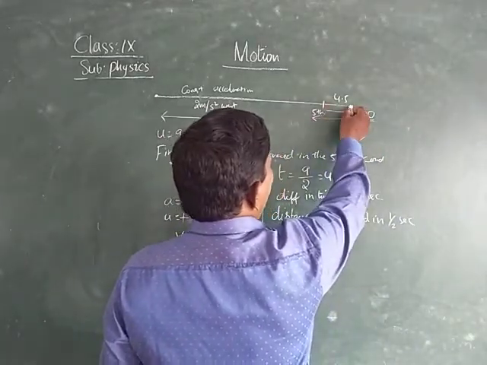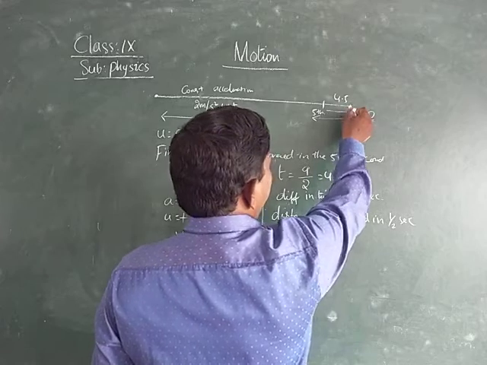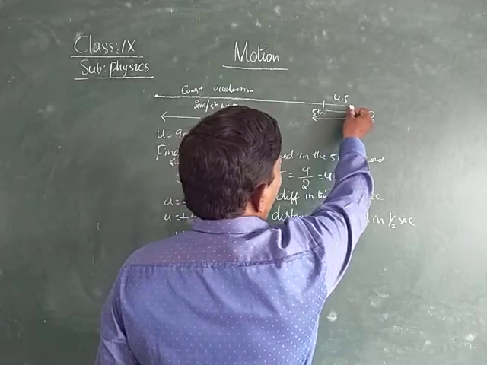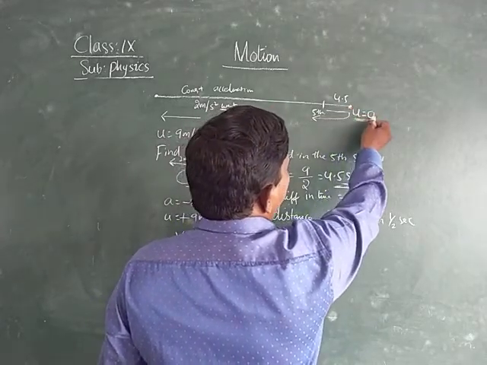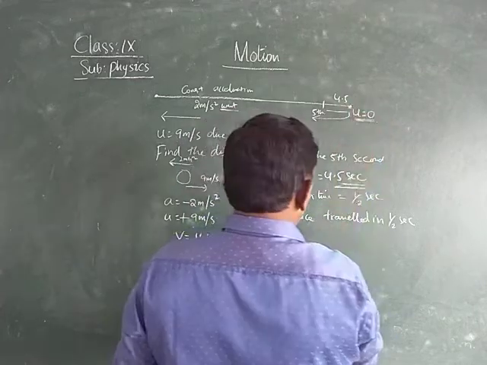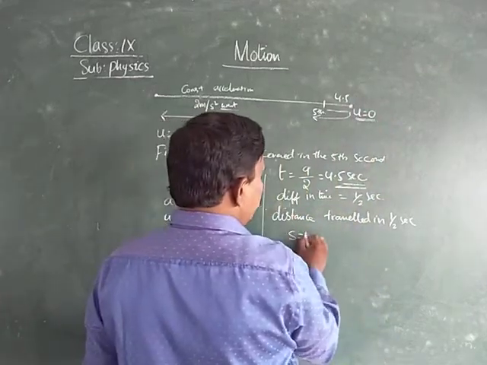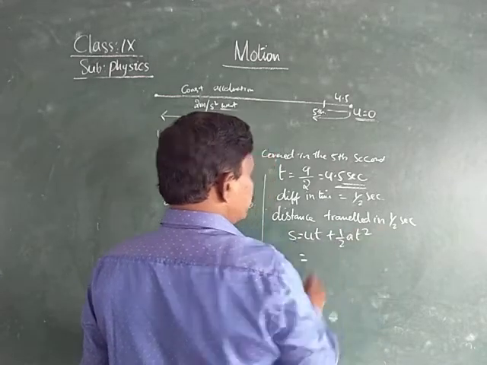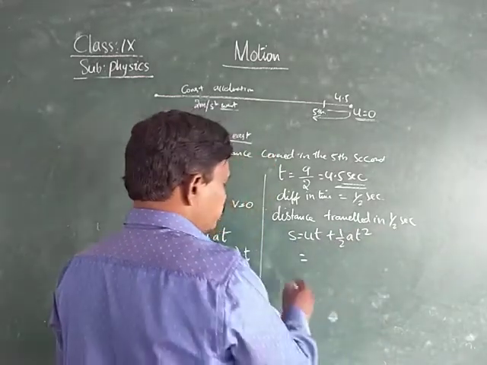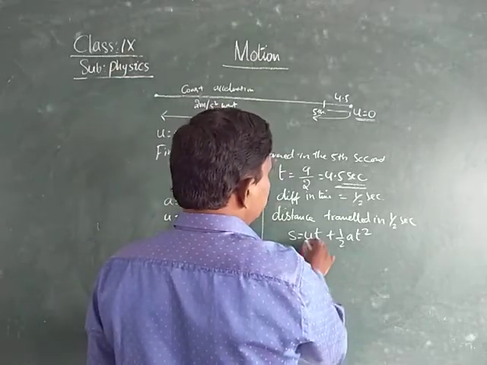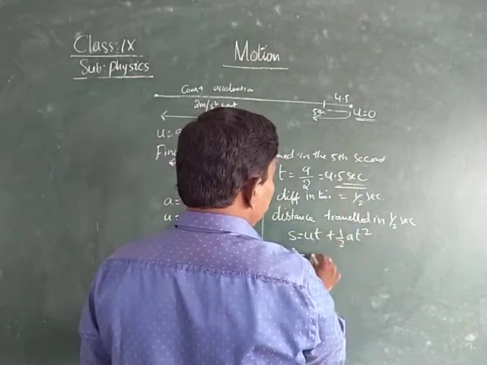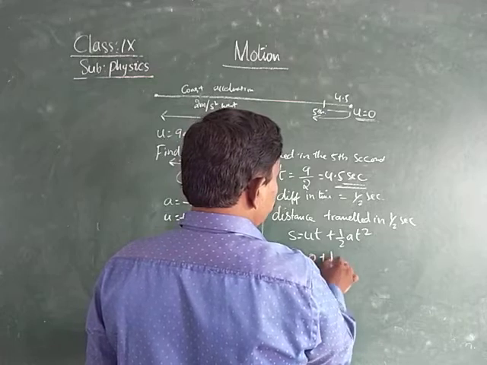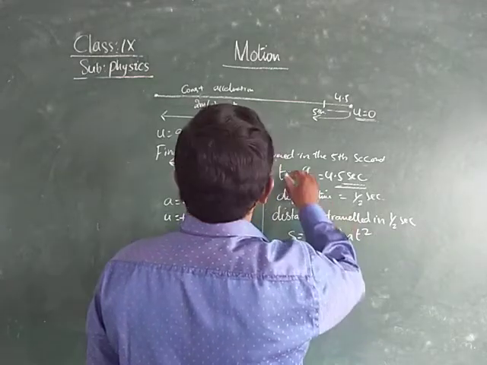From here to here it takes 4.5 seconds, after which it is again returning back, so the initial velocity U becomes 0. By using the formula S is equal to ut plus half at square, we can solve this one. That is S is equal to U, which is 0, 0 into T is 0, plus half. A is how much here? 2.